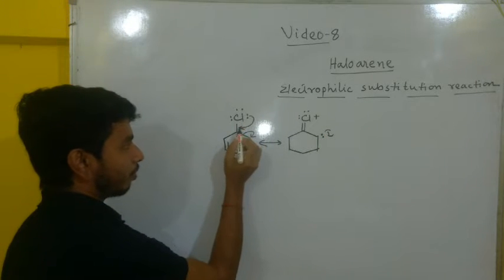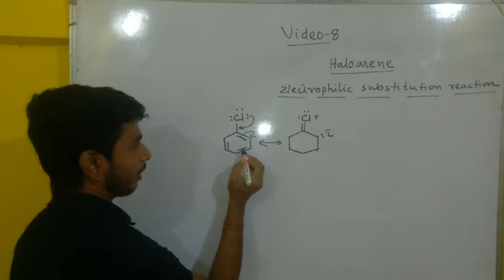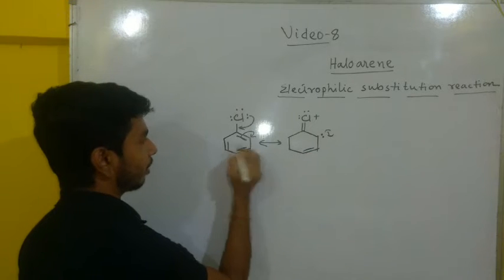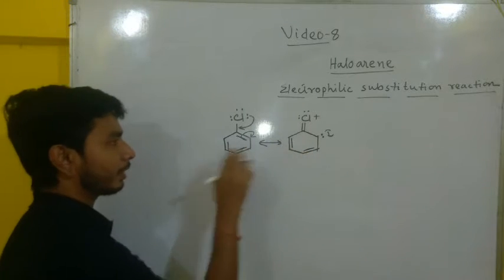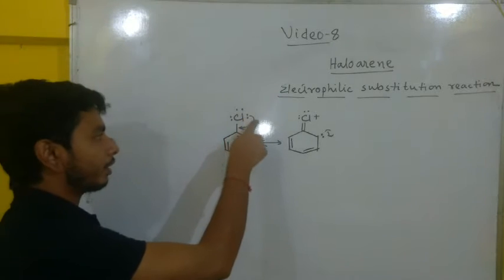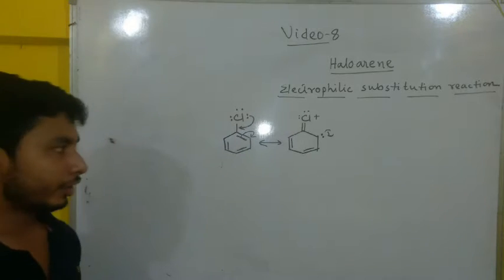The two double bonds remain the same. So the sequence is: lone pair shifted to the bond, bond pair shifted to the next carbon.